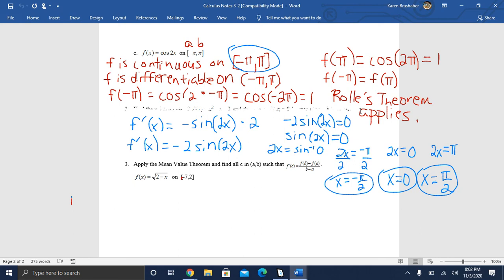All right, so that is a demonstration of finding out that Rolle's theorem does apply, and then finding those x values where it applies. I've got a couple of other examples left. I'm going to move on to another video to wrap this up.